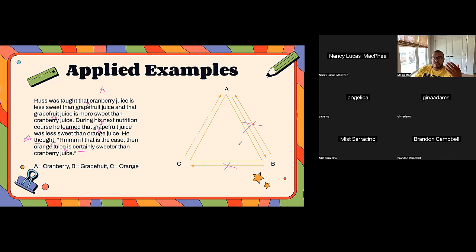So again, these things are telling your brain that, hey, we might have transitivity. Then I have, he thought, so this tells me I'm deriving this, he thought that orange juice is certainly sweeter than cranberry. So I have a dotted line to show a C to A relation. This is transitivity because we have C equals A, and it is derived. That is the textbook definition of transitivity.